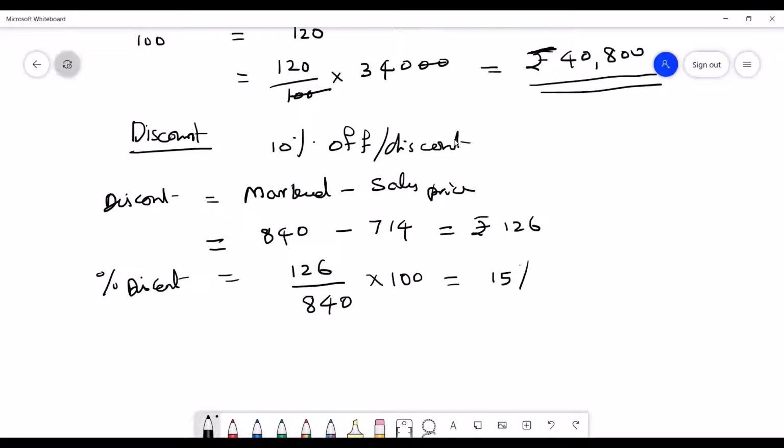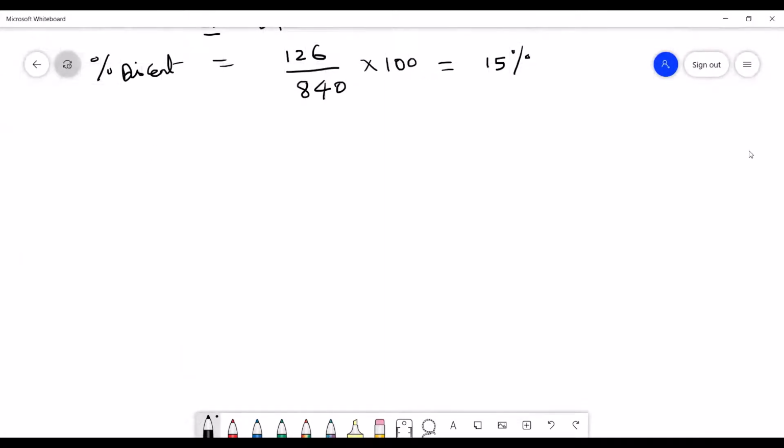That percentage is 15%. We can calculate here. Now let us go to an example.